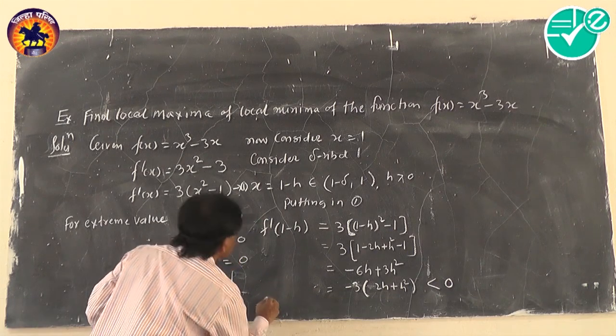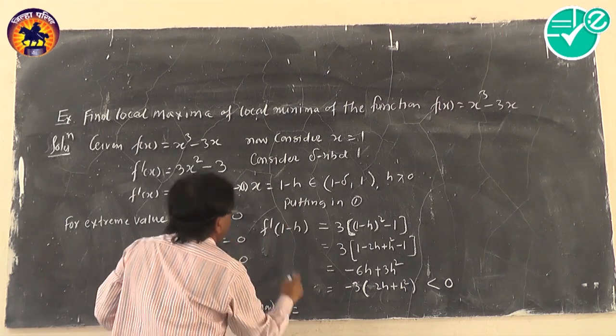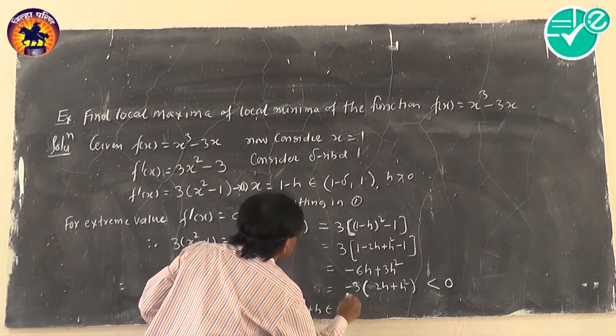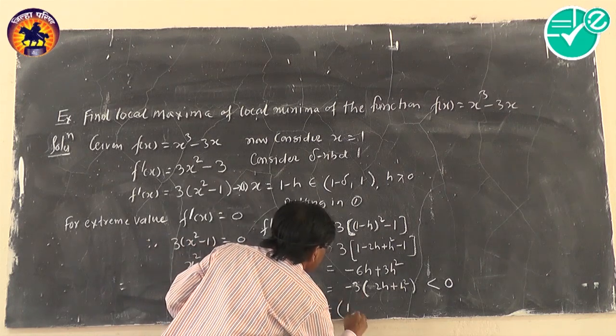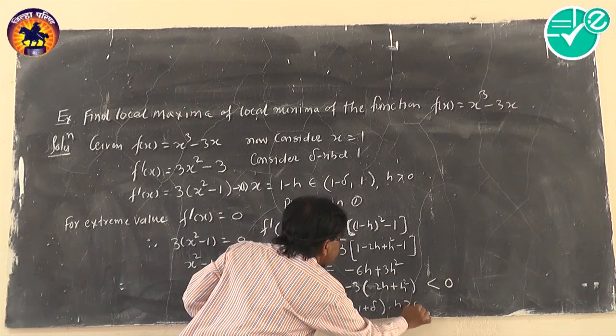Now x is equal to 1 plus h belongs to (1, 1 plus delta), h is strictly greater than 0.